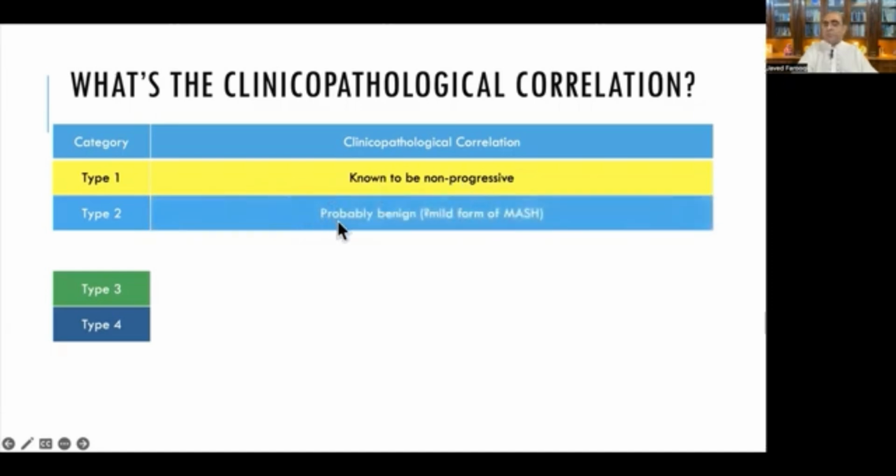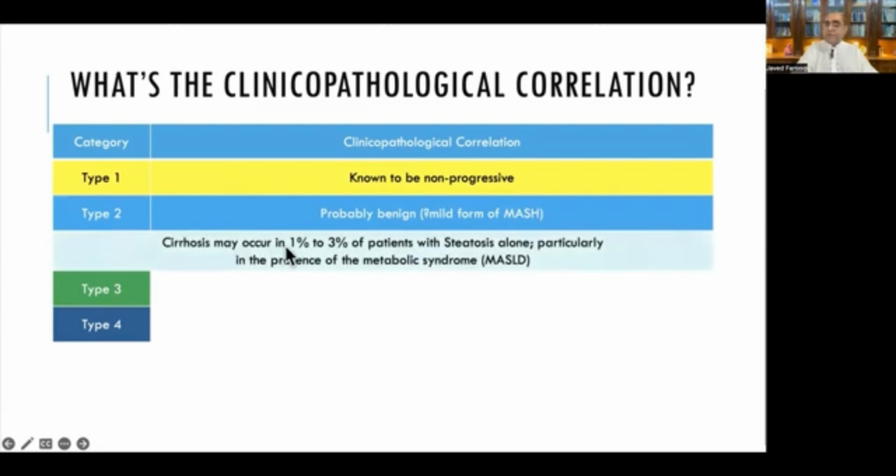Type 2 is probably benign, or it may be considered a mild form of MASH or metabolic dysfunction associated steatohepatitis. Cirrhosis may occur in 1 to 3% of patients with steatosis alone, particularly in the presence of metabolic syndrome, that is the MASH.